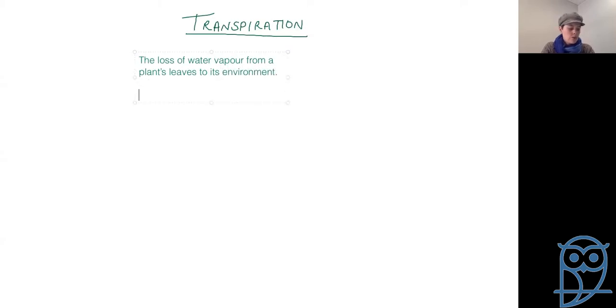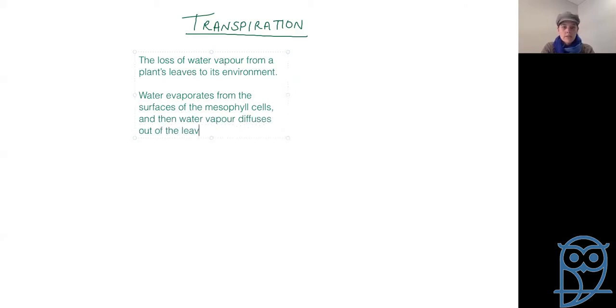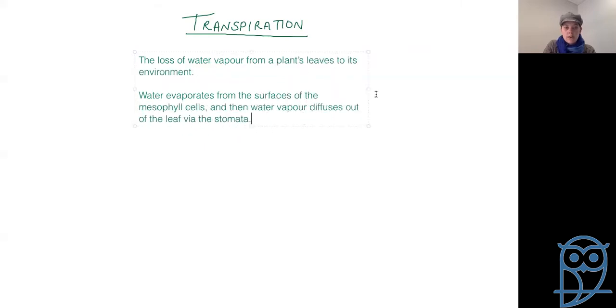Okay, so we are talking here that water evaporates from the surfaces of the mesophyll cells, and then water vapor diffuses out of the leaf via the stomata. So that's rather a long definition. There's quite a lot going on in there.